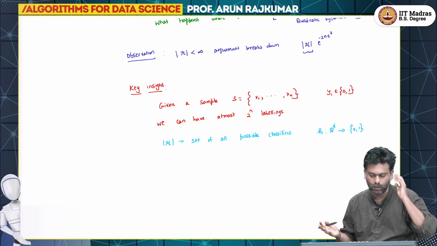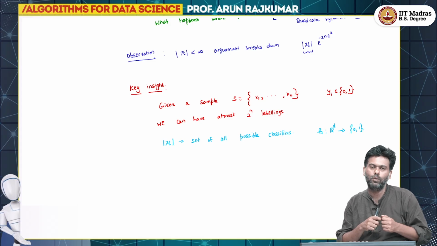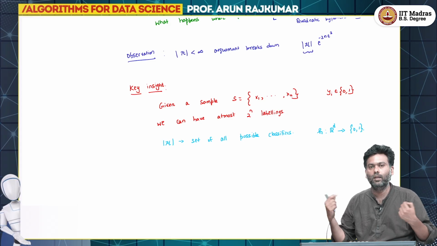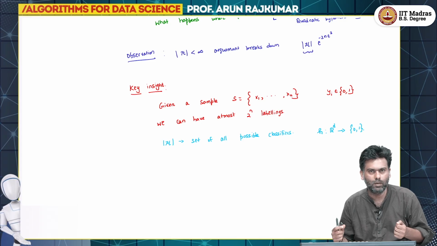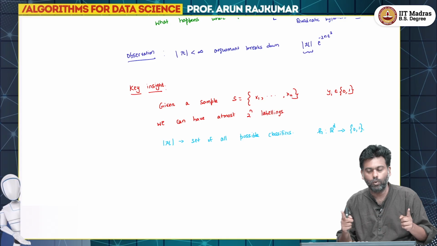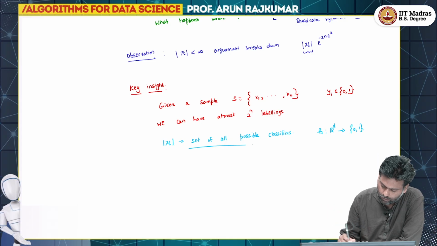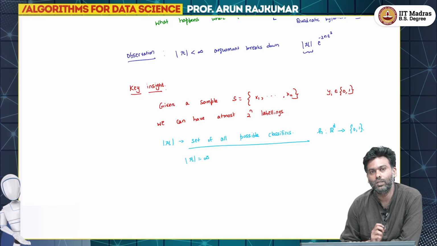In fact, if you have the set of all possible classifiers, then yes, there is one classifier which is going to label all these endpoints as 1, there will be one classifier which will label all these endpoints as 0, and there is at least one classifier corresponding to each of these bit patterns, right. So, 2 power n bit patterns, which means that the size of H itself is infinity. The key point is that H is infinity because it is the set of all possible classifiers, right. There are infinite classifiers.